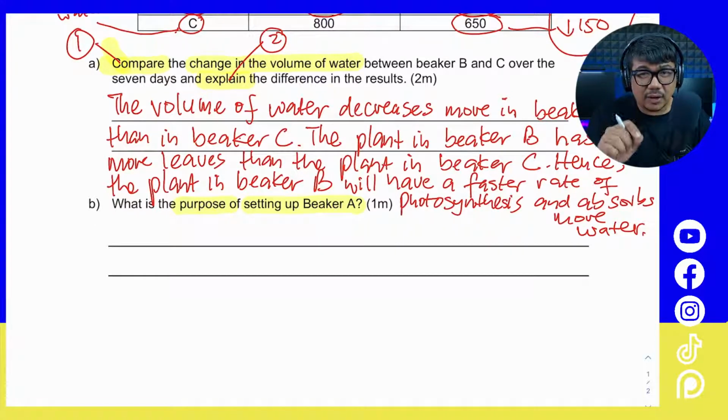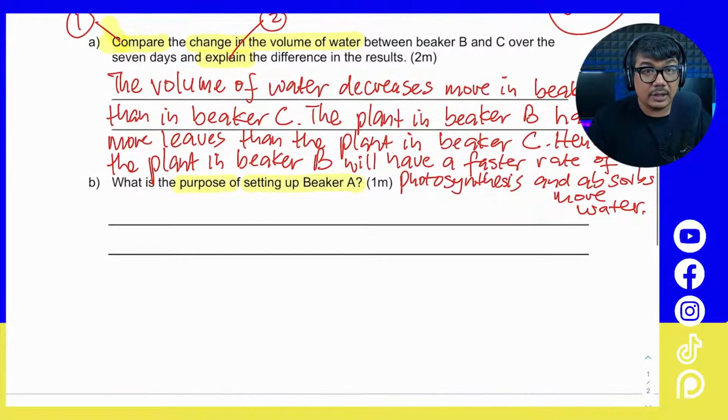It is actually called a control setup. All right, so this question is in fact asking you, do you know what is the purpose of using a control setup? All right, so two reasons. The control setup is for you to make a comparison. All right, the comparison for what purpose?